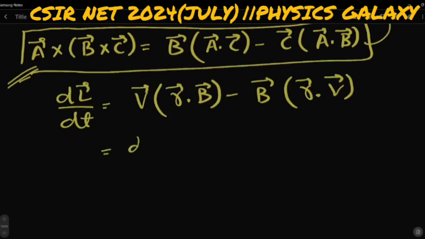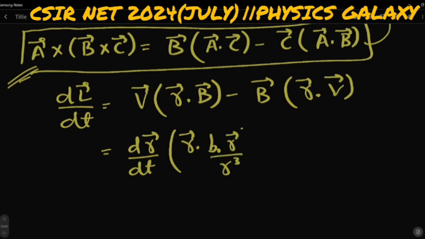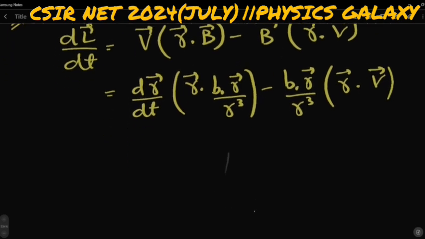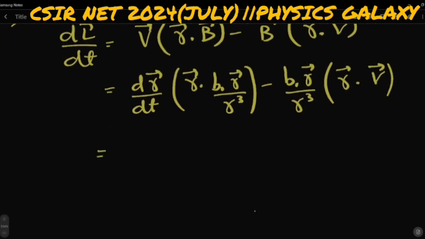We know v is actually dr by dt, and r dot B. So r dot B equals r dot, and what is the value of B? B naught r vector divided by r cube, so r vector dot B naught r vector by r cube, times dr vector by dt.